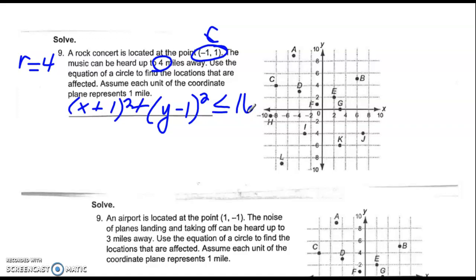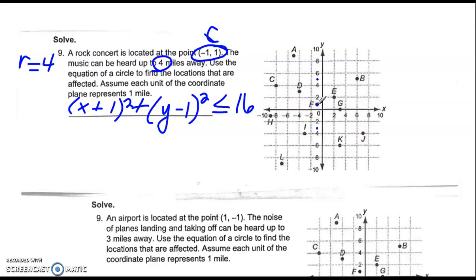Okay, so there's our center at F. We have already determined that's the center. And so from that, we want to go up 4 units, down, left, and right, correct? So 1, 2, 3, that would be at 5, correct? And then 1, 2, 3, 4. So -3, correct?